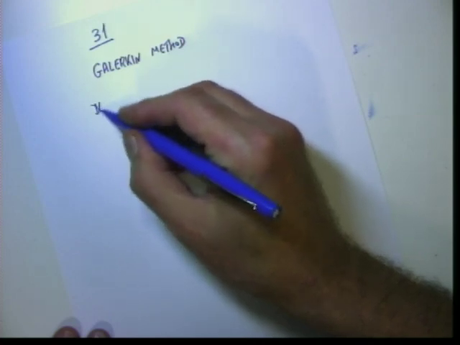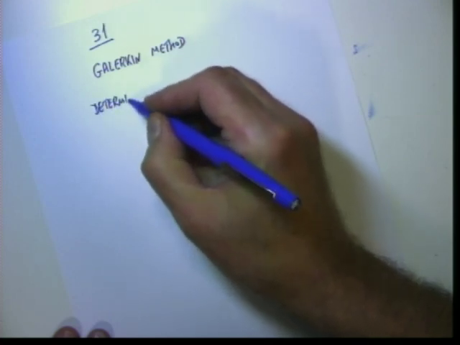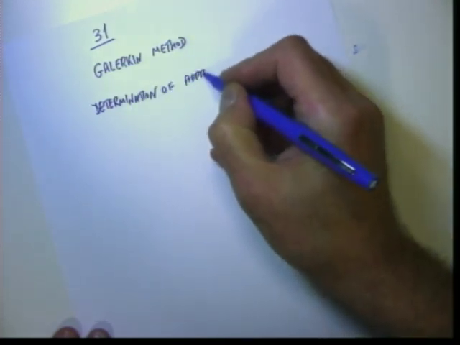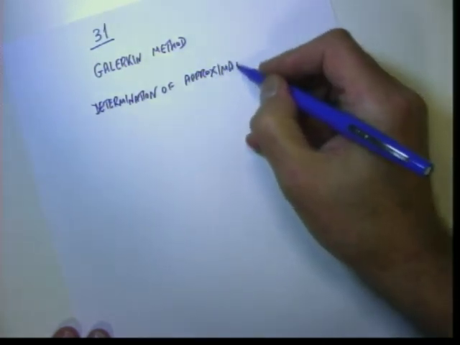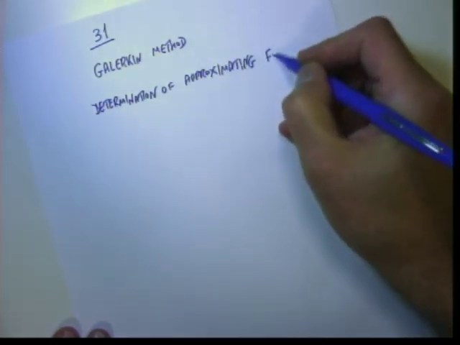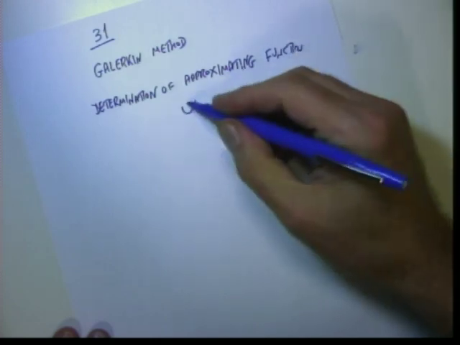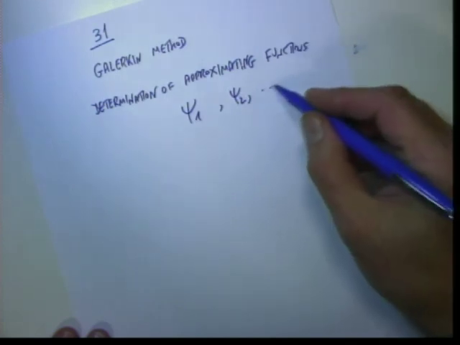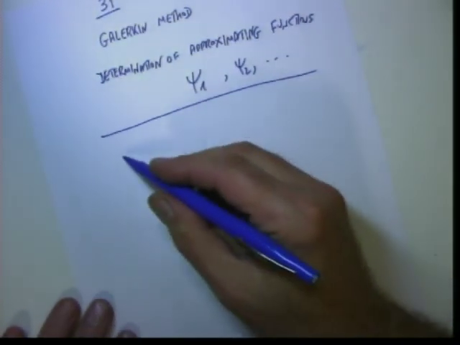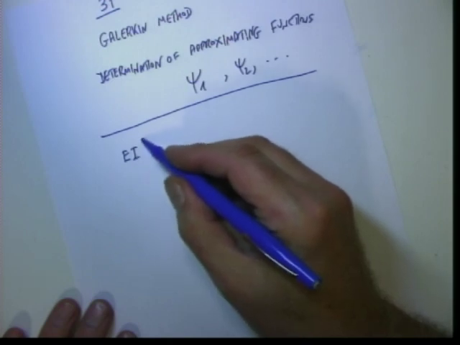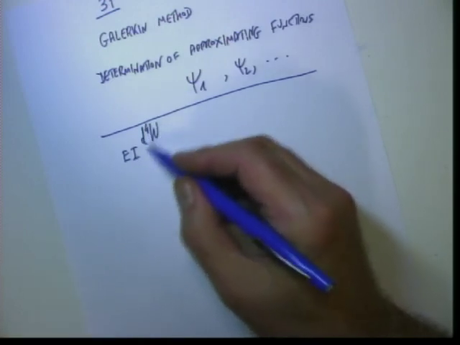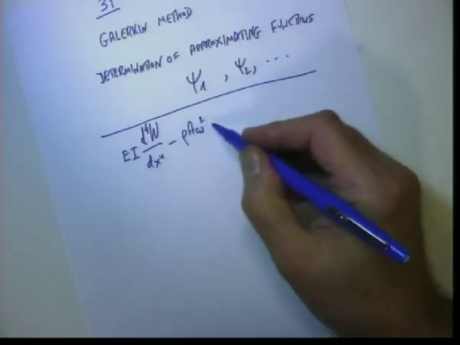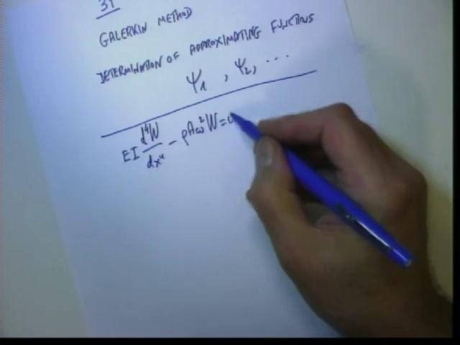One, determination of approximating functions, psi1 in this case, or psi2, etc. And then we take this differential equation, EI d fourth w dx to the fourth power minus rho A omega square w equals 0.